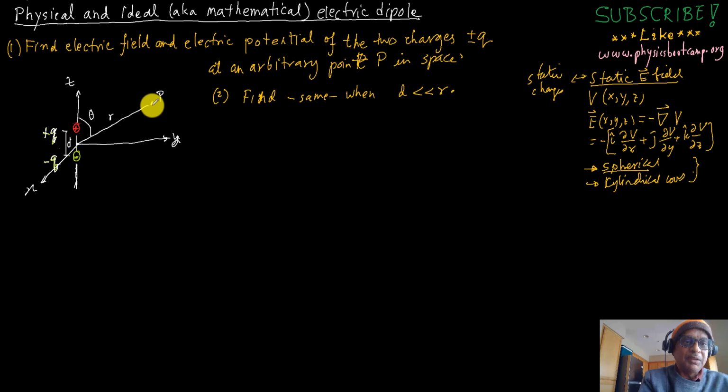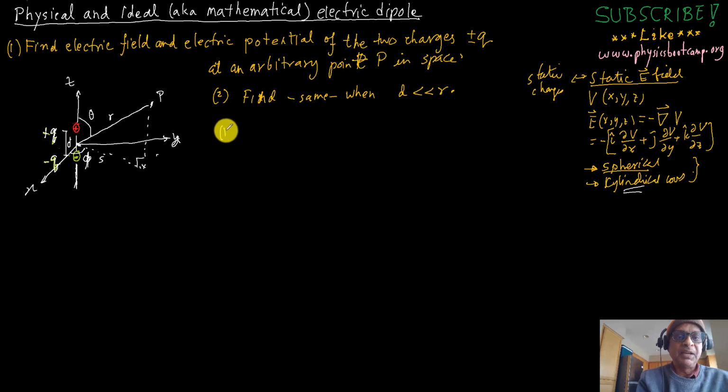If you project on the xy plane, then this distance you can call s, the cylindrical radial distance, and this angle we call phi. But nothing will depend on phi. Anyway, we use this radial coordinate.